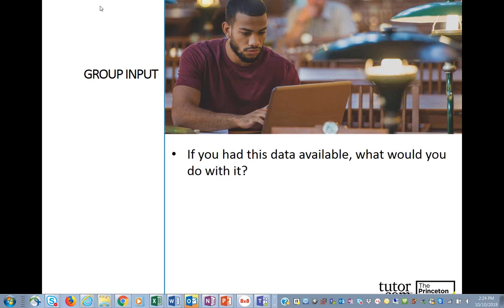Similar to how we approached it, we can only go so far, because we don't have all the access that the institutions have to all of the student data, in terms of grades and graduation rates and things like that. So we know there's so much more that can be done. But I wanted to get a chance to really hear from you: if you had this data, what would you do with it?